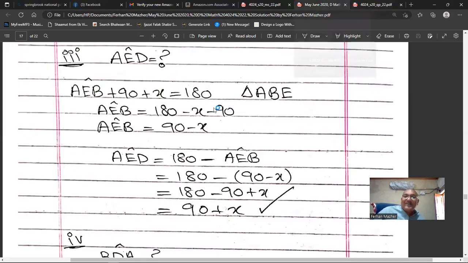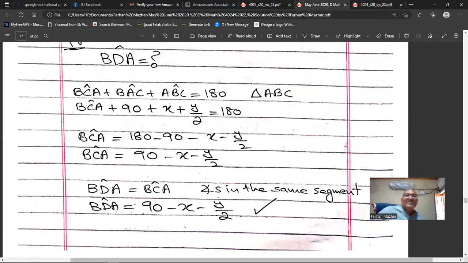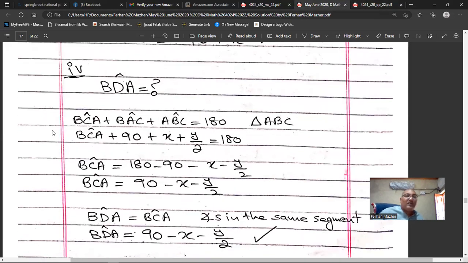It's a little heavy question. So the BDA is the question. First of all, in the triangle ABC, I will find out the BCA plus BAC plus ABC is equal to 180. BCA plus 90 plus x plus y by 2 equals to 180. So the BCA will be equal to 180 minus 90 minus x minus y by 2.